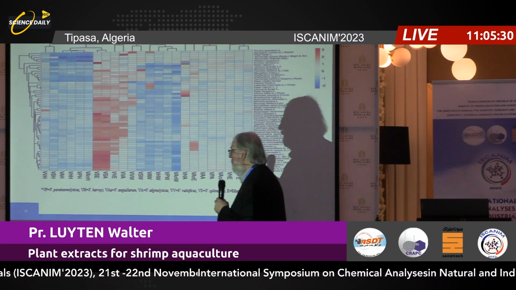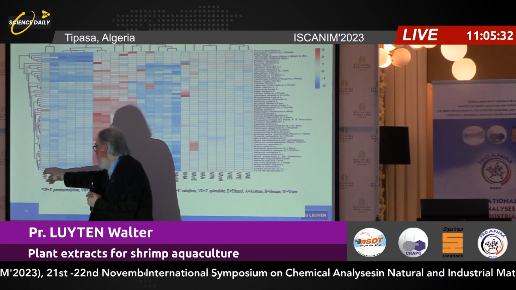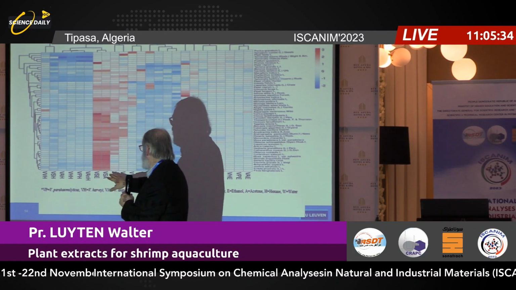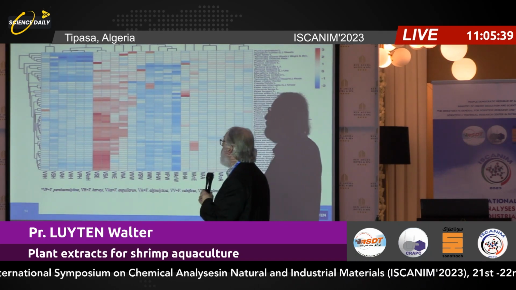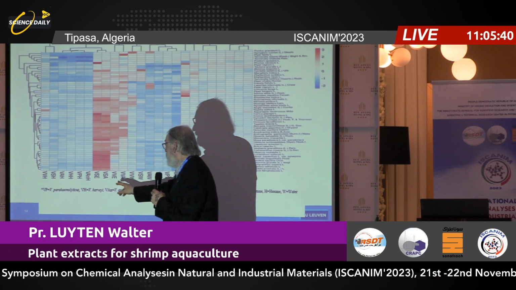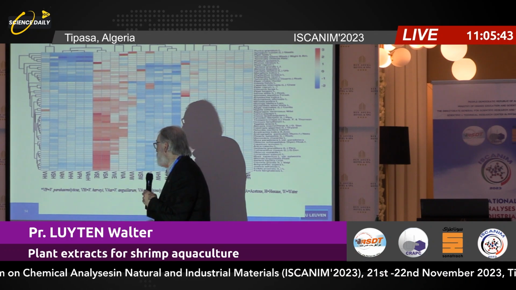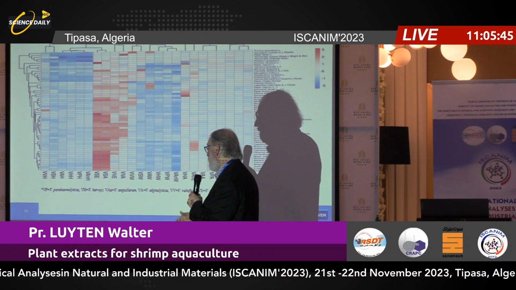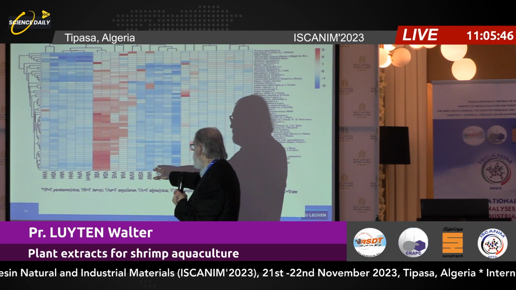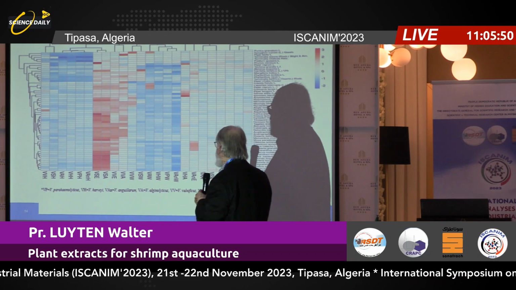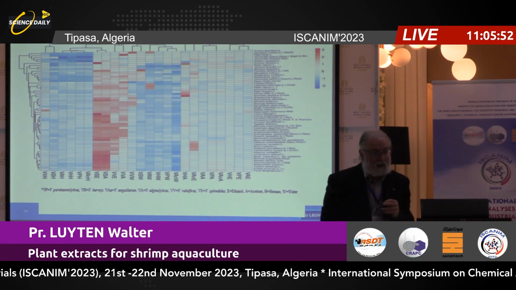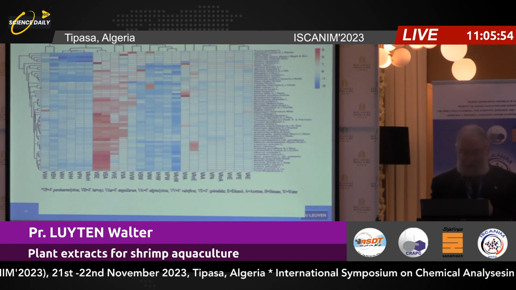So you can see here again that most of the hexane extracts showed very little activity, and most of the activity is in the ethanol and acetone extracts, which are particularly active against these 2 species that are susceptible, less against the more resistant species, but even there you see some activity. So this was the first step.